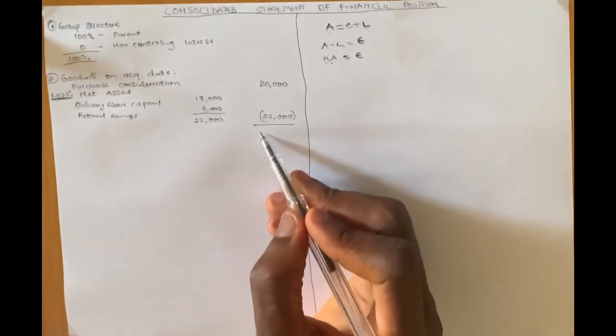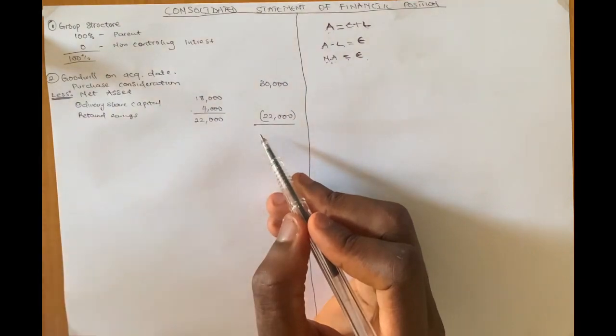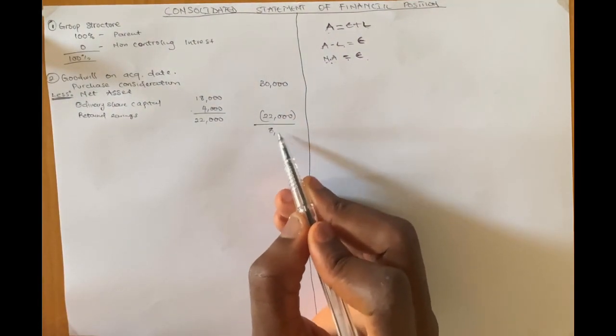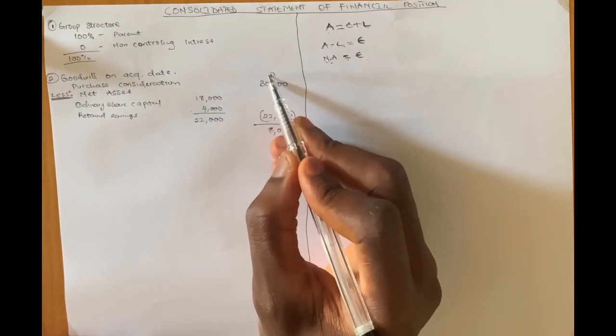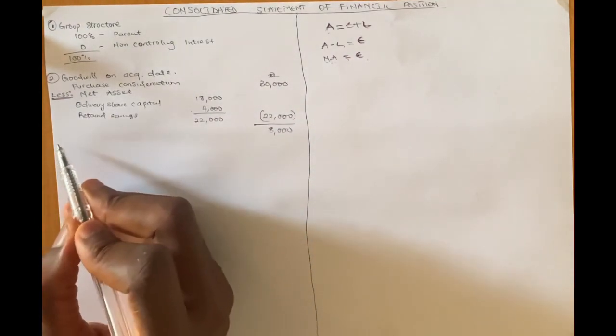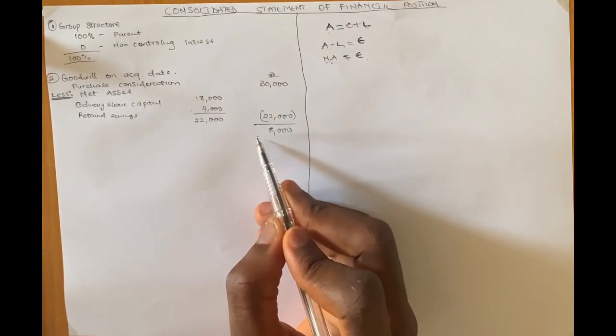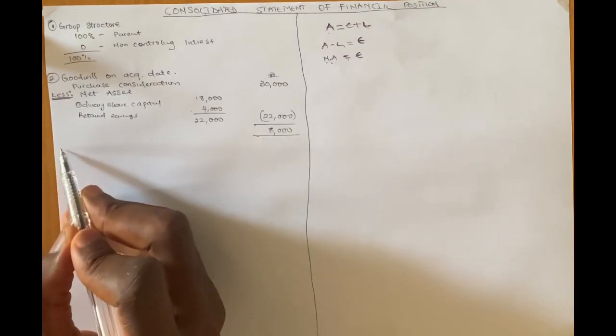So the difference is 8,000 naira. So our goodwill is 8,000 naira.